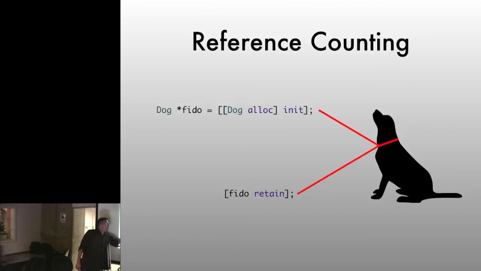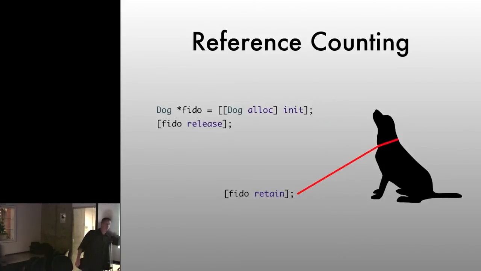So let's say in the original code, after we've allocated Fido and done some stuff with it, we call release. This no longer has control over it, but since we called retain back here, we still have a reference to Fido. Fido doesn't go away.